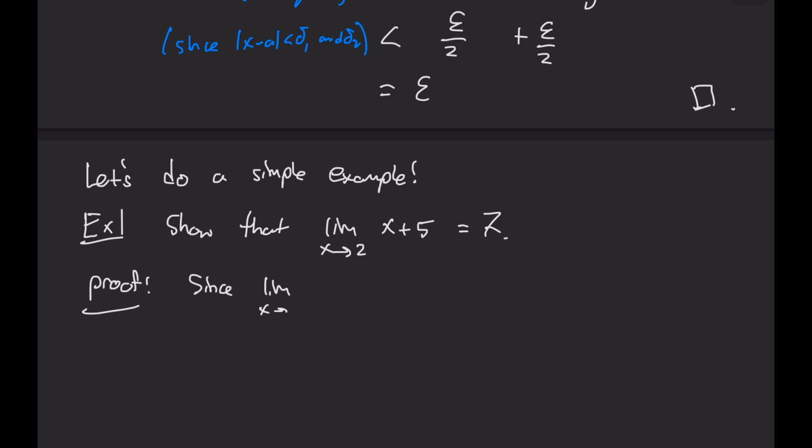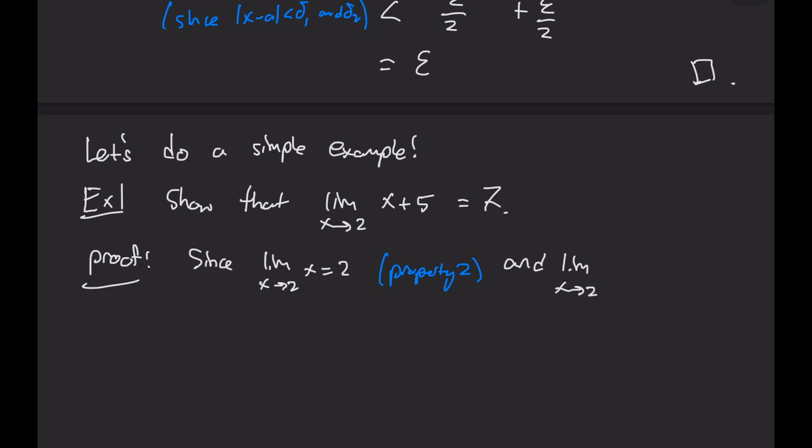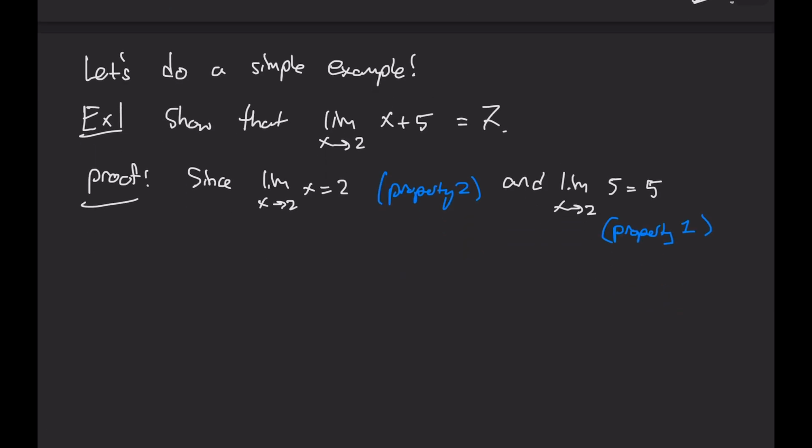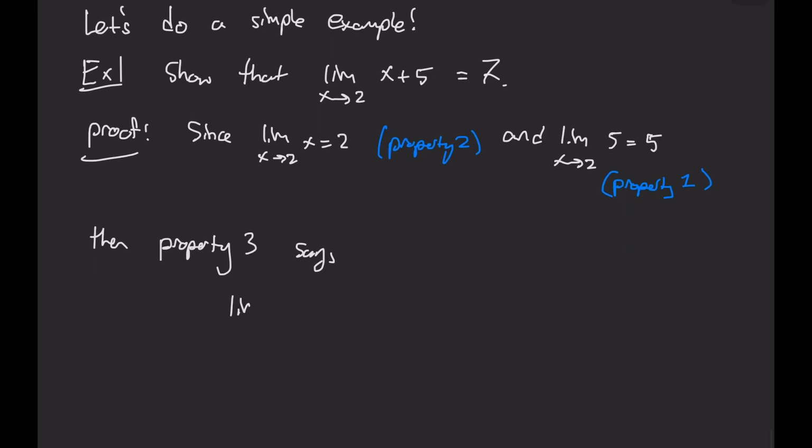Proof: since the limit as x goes to 2 of x equals 2, by property 2, and the limit as x goes to 2 of 5 equals 5, again by property 1, that means we can use our sum rule that we just proved, by property 3. That means the limit as x goes to 2 of x plus 5 is the limit as x goes to 2 of x plus the limit as x goes to 2 of 5, which is just 2 plus 5, which is 7.